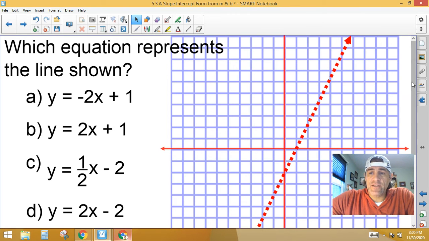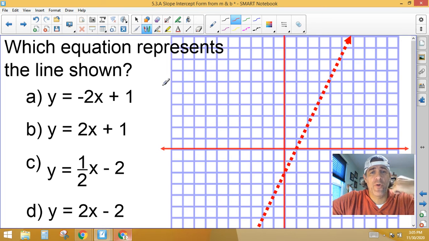Now, last part of this: what is the equation of the line of this graph? So now we're going into the nitty-gritty, the heavy duty, which represents this line. I have y equals negative 2x plus 1, y equals 2x plus 1, y equals 1/2 x minus 2, y equals 2x minus 2. Let's see here. We need to identify 2 things to come up with the equation. We need to know the slope, which is m, and we need to identify the y-intercept.